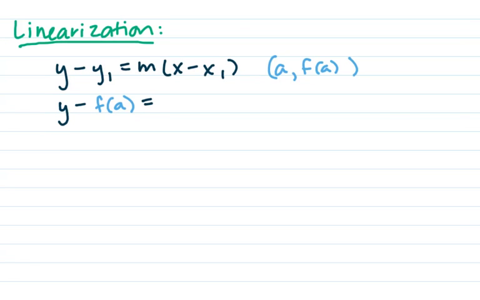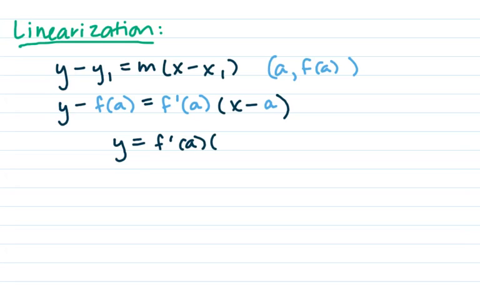The slope at a given point we write as the derivative at that x value, and then times x minus that specific x value we're looking at. And then all we do at that point is we simply solve for y, the estimated y value. And so we get this equation that looks something like this.